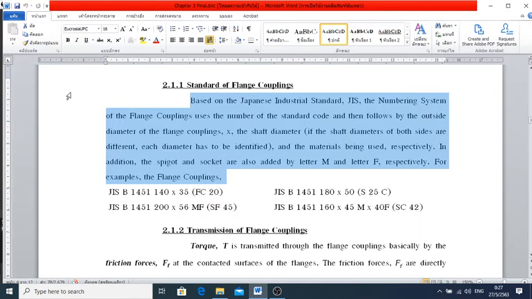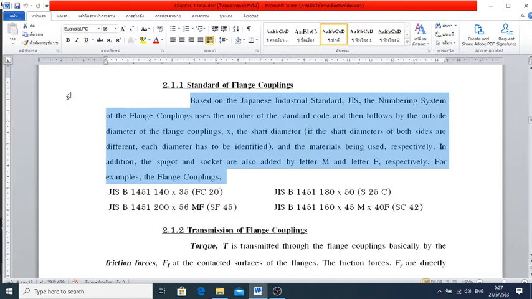If the shaft diameter of both sides differs, each diameter has to be identified and the metric used respectively. In addition, the spigot and socket are also added by the letters M and F respectively. It means spigot is male, M stands for male, and socket stands for female respectively.